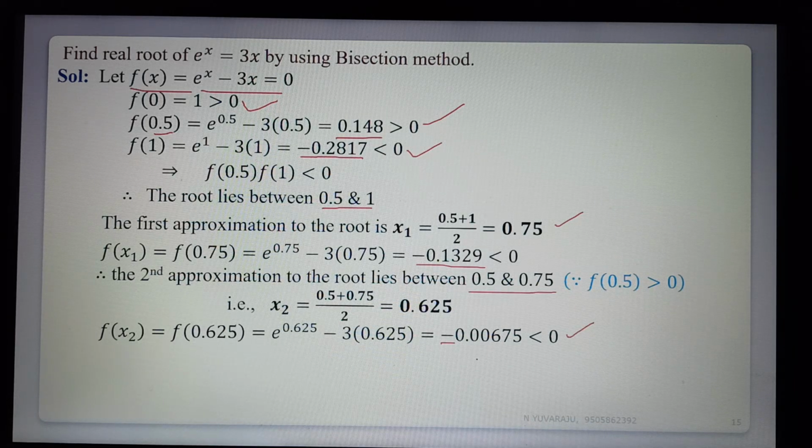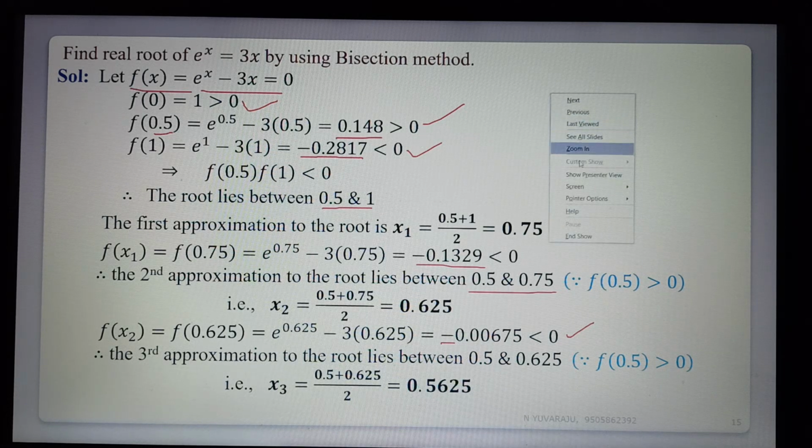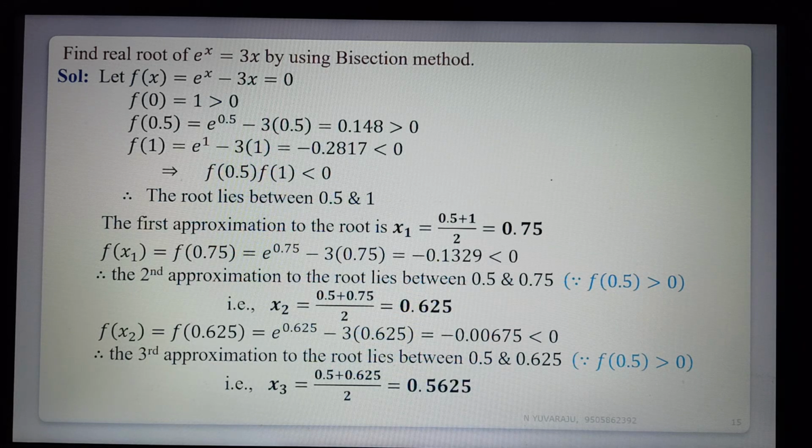The previous value is positive, f of 0.5. So the next approximation lies between 0.5 and 0.625, that is the third approximation, 0.5625. Next, continuing, this value substituting in the given equation.